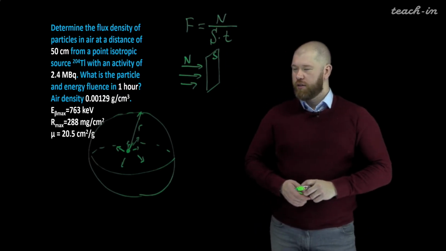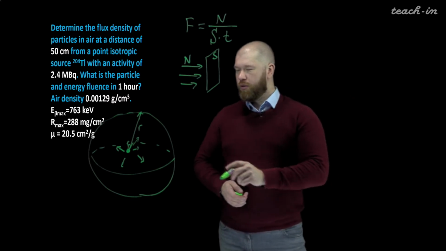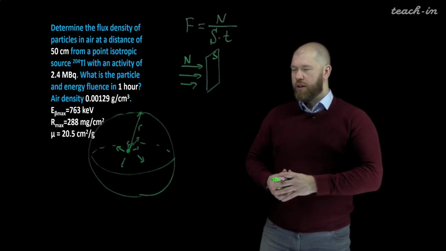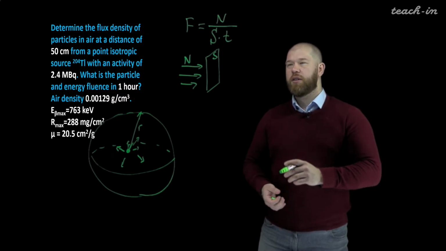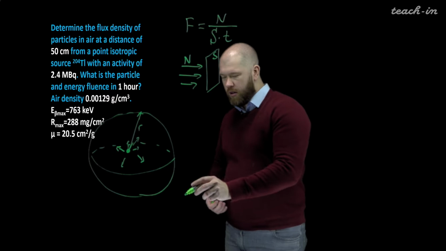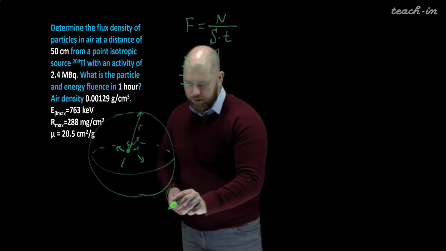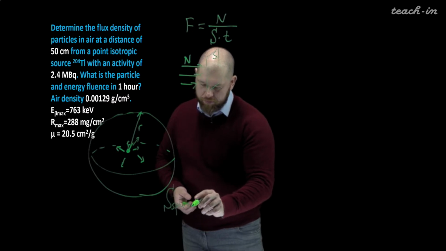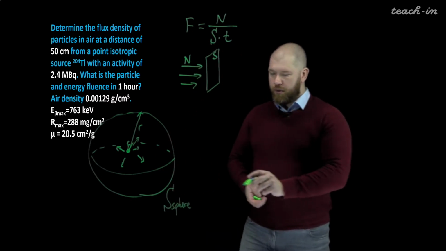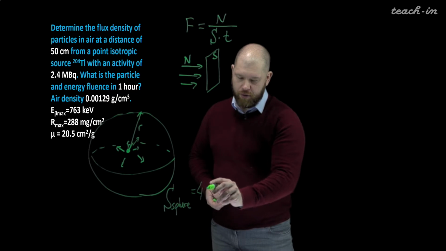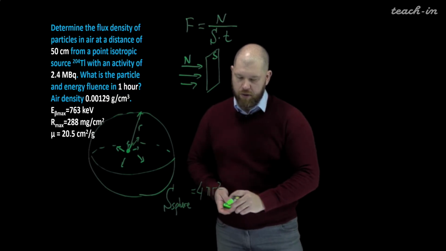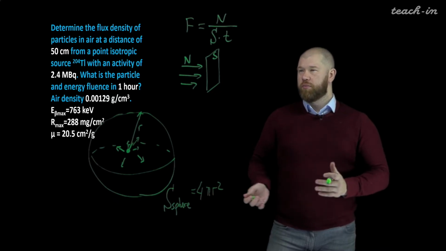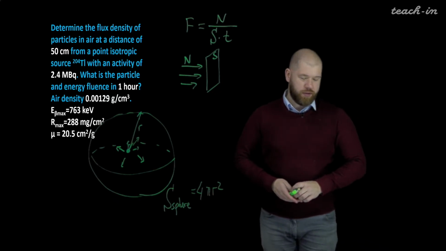As I said previously, radiation is going like a sphere, and thus we have to calculate the surface area of this sphere. And we know that it is simply 4 pi r squared, and that's it. So we know the surface of our sphere.